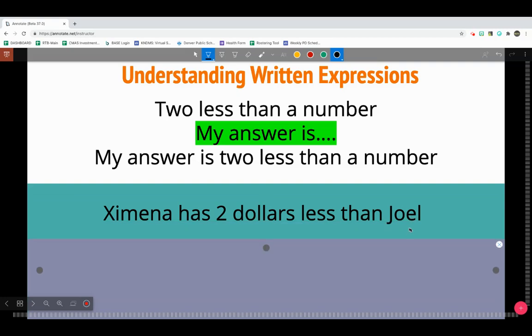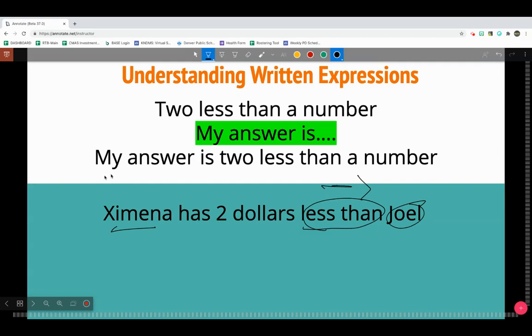That means if Joel has $4, Jimena should have $2 because I'm subtracting 4 minus 2 to get how much Jimena has. In this case, the "less than" part means that I'm subtracting. Well, what am I subtracting? I'm subtracting $2 from whatever Joel has to figure out how much Jimena has.